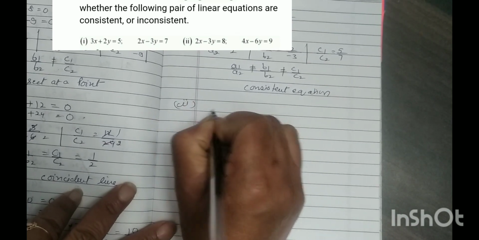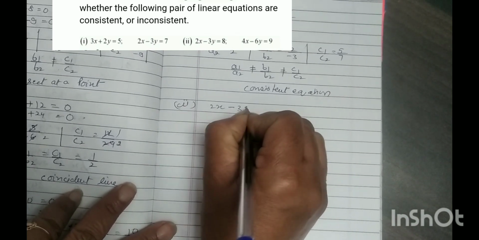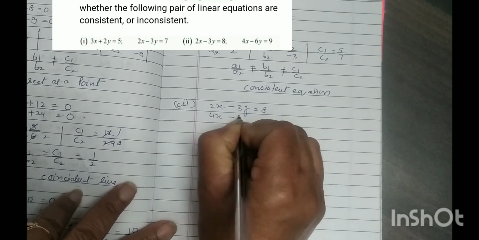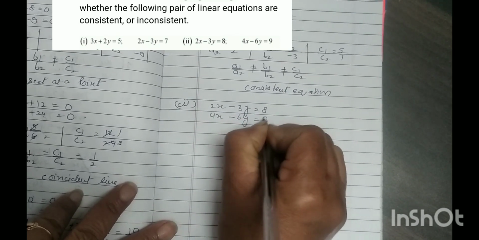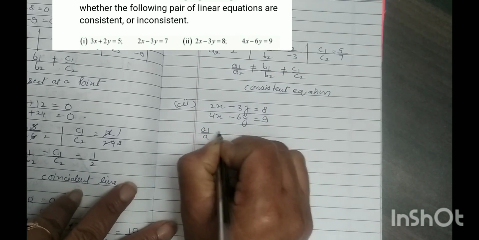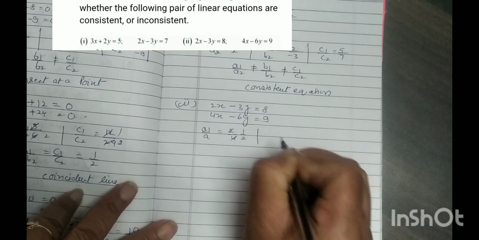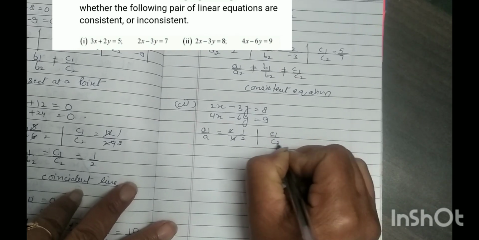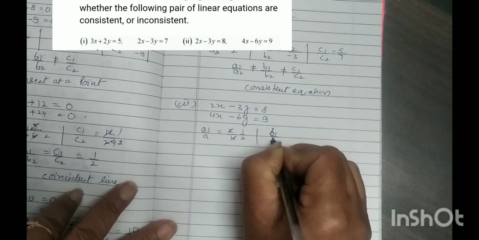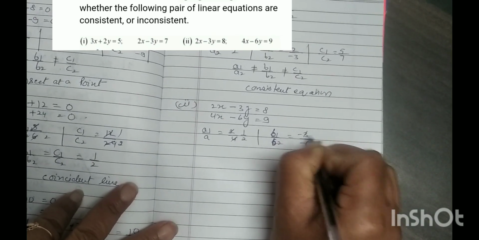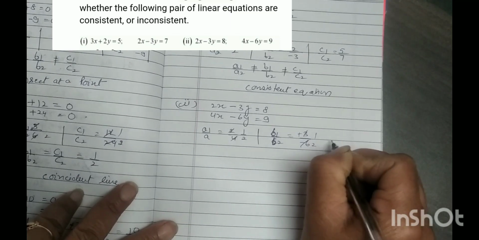Second question. 2x minus 3y equals 8. 4x minus 6y equals 9. A1/A2 is 2/4, 2 1s are 2, 2 2s are 4. B1/B2 equals minus 3/minus 6, 3 1s are 3, 3 2s are 6.